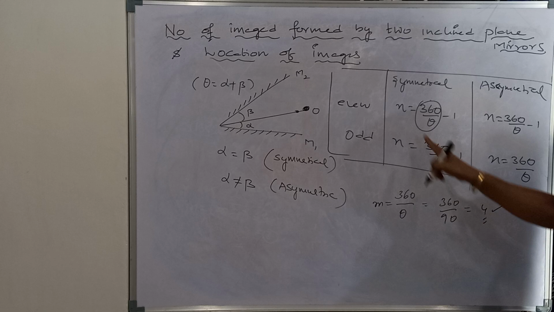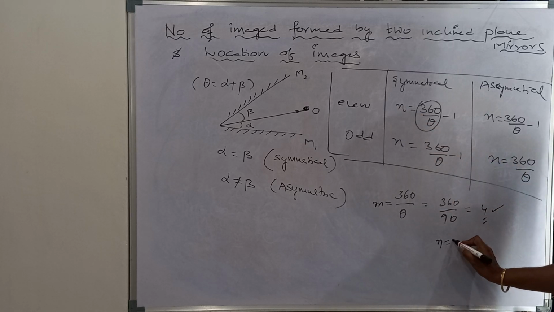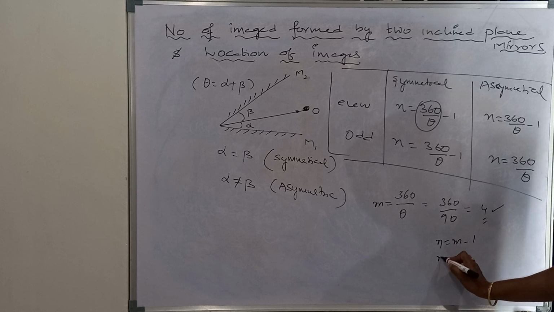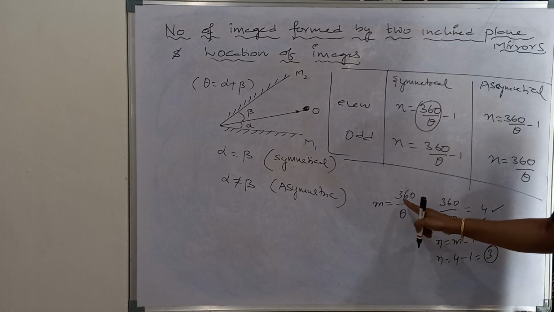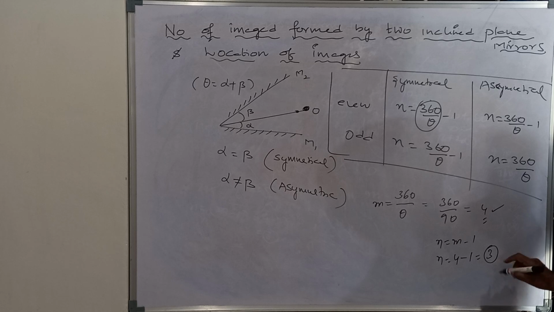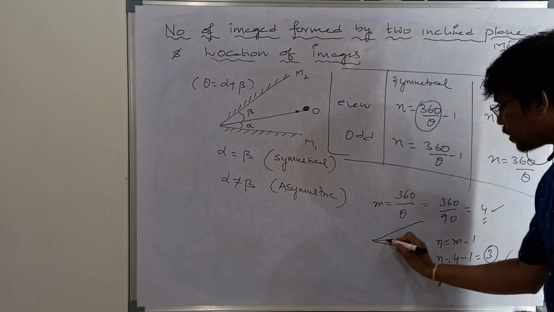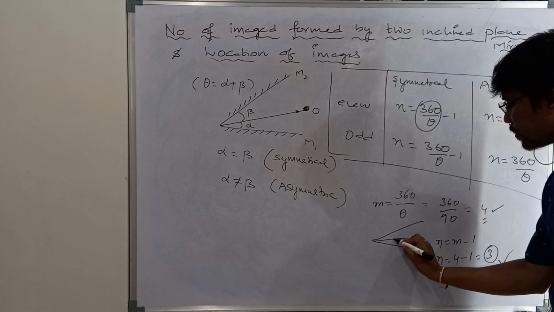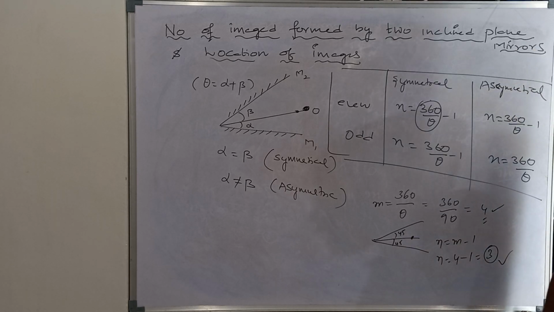So when it is even, the number of images n is equal to m minus 1, that is 4 minus 1, which is 3. That means if the two mirrors are inclined at an angle of 90, the number of images formed is 3. In this case, the object is placed along the angular bisector. That means this is 45 and this is 45, total is 90.